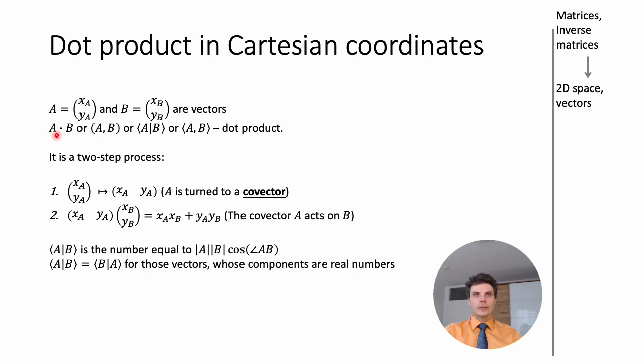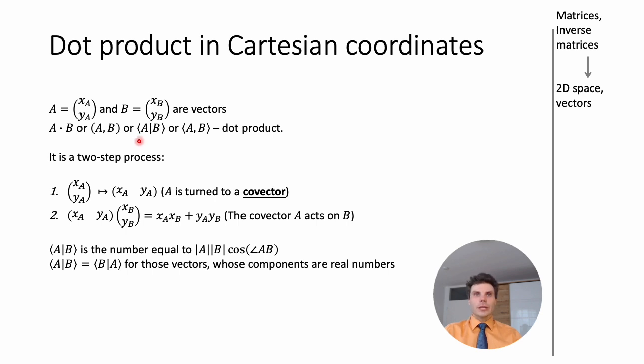It can be written either as A dot B, and that is how the name dot product appears, or it can be written as A comma B in parentheses, or in this structure. I prefer to use this notation, the angular brackets with a separator between the inputs. And also the dot product is sometimes called a scalar product.